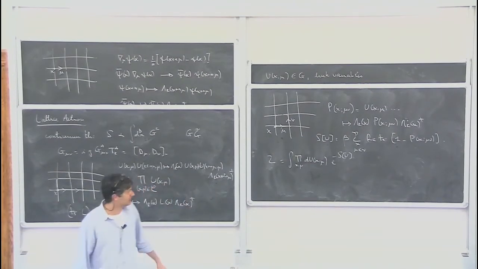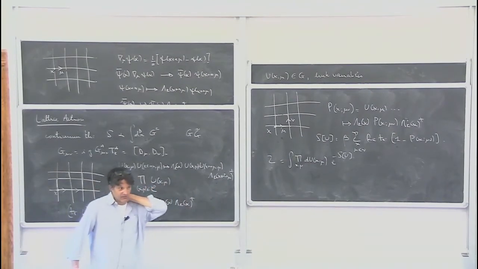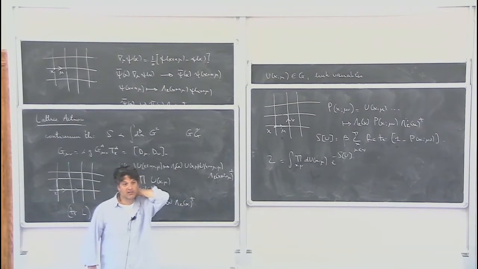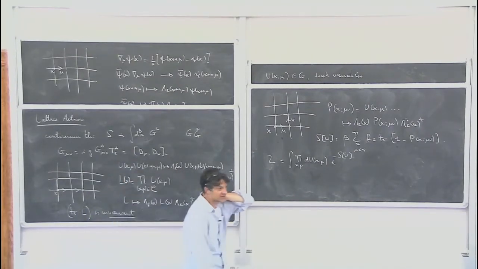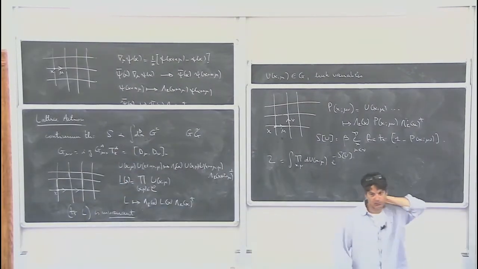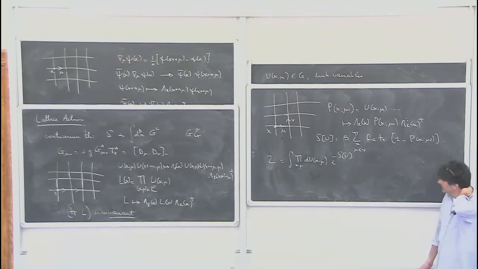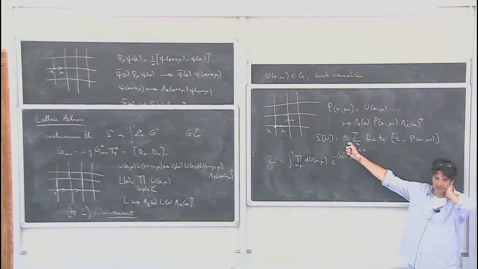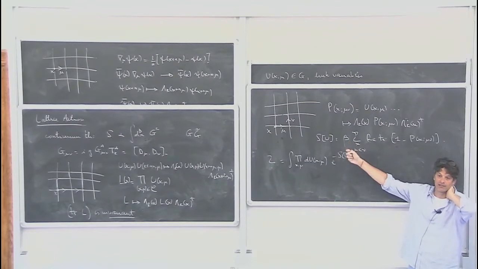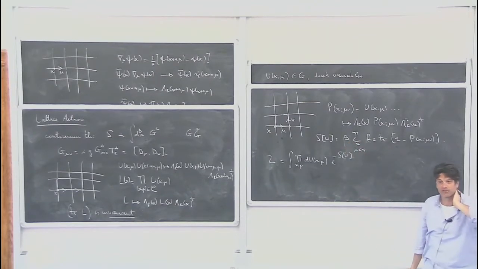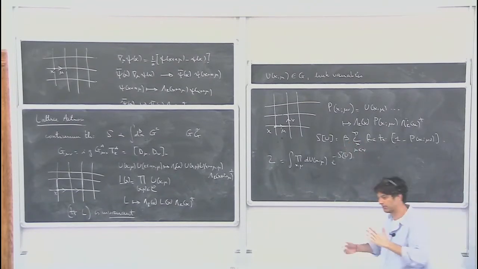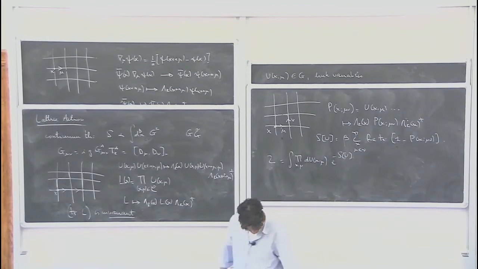So it's very unfortunate, but this is the definition that was used by Wilson in his original paper, and it's stuck forever in the community. So beta is both the bare gauge coupling and the symbol that we use for the beta functions. So keep an eye on what we're talking about.